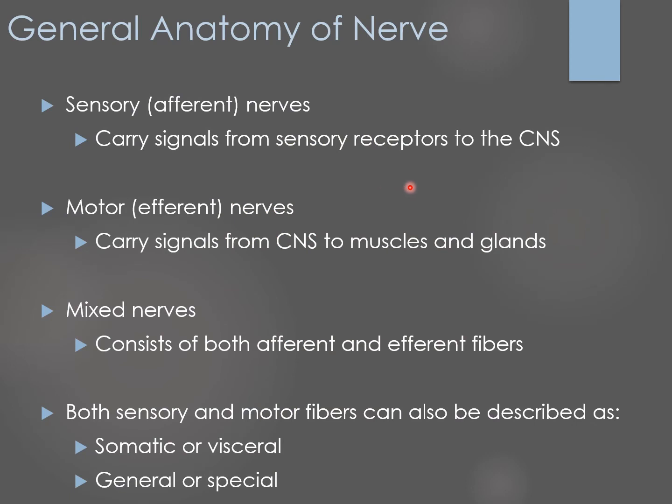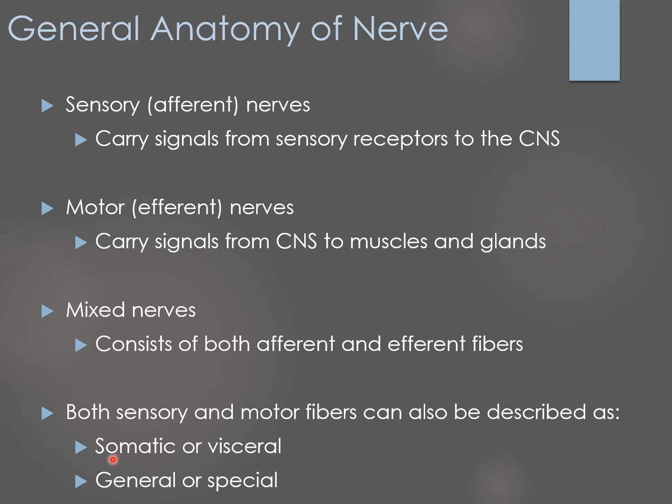I asked you to list and describe types of nerve fibers, and these are types of nerves with particular fibers. So we have sensory nerves that are afferent. Those have sensory fibers in them, afferent fibers. We have motor nerves that have motor fibers in them, or efferent fibers, carrying the signal from the central nervous system.